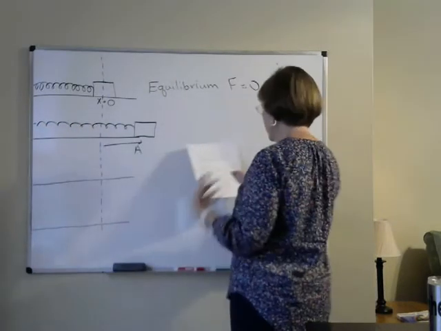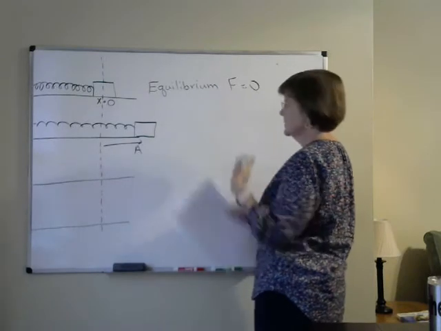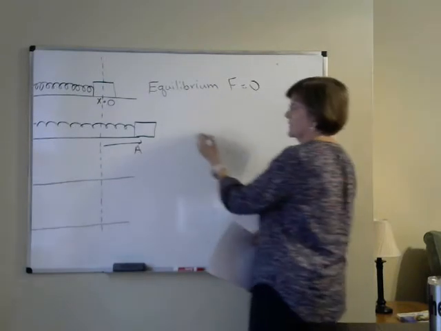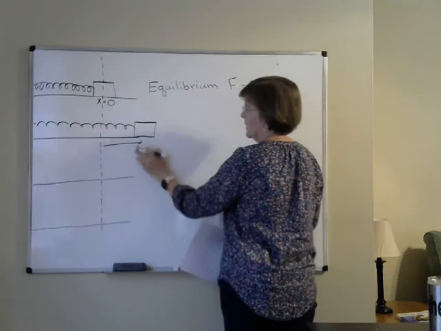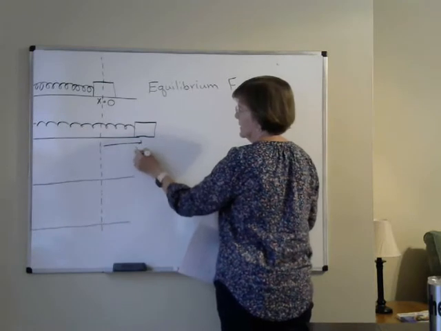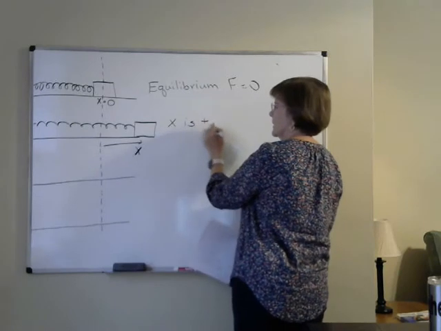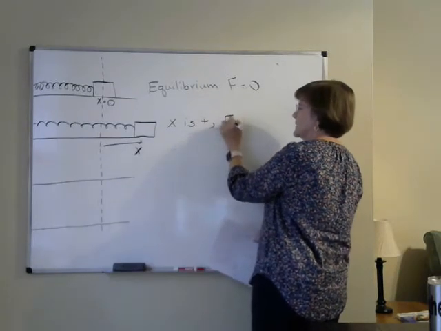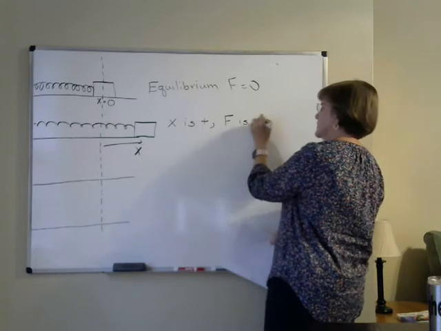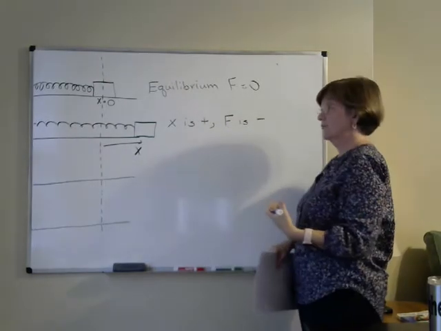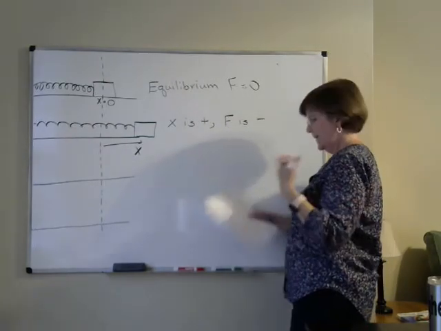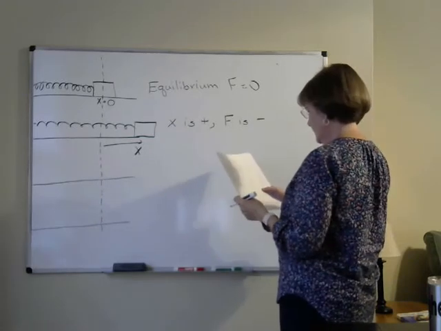It now feels a force to the left, right? We'll call that x. You'll notice that x is positive, but the force is in the negative. It's in the opposite direction, okay? I think that makes perfectly good sense.